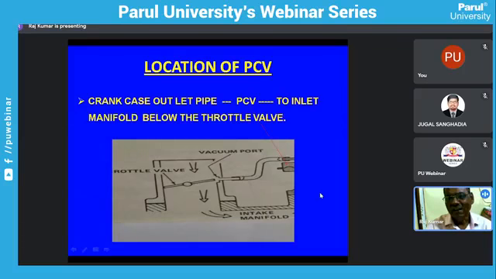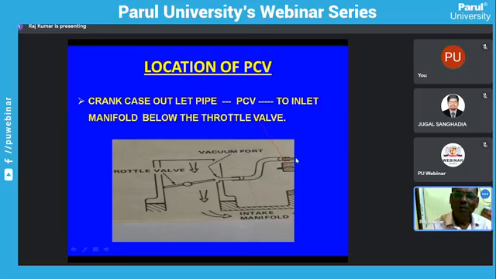This is the location where the positive crankcase valve is located. It is located between the crankcase and the inlet manifold. It will work as per the vacuum of the inlet manifold. Now this is going to the intake manifold. This is the valve.